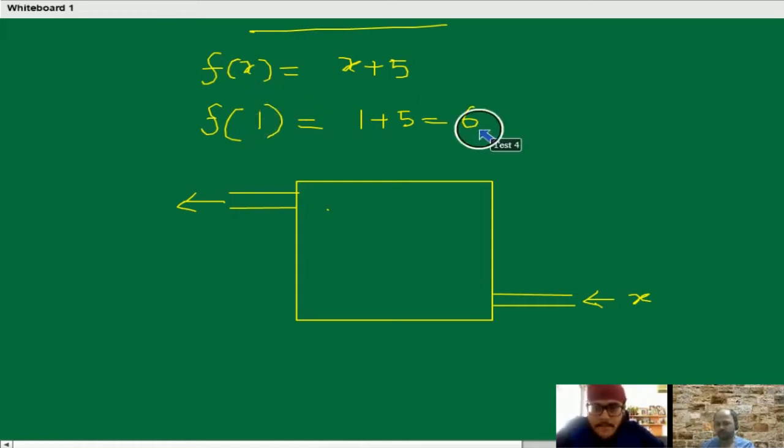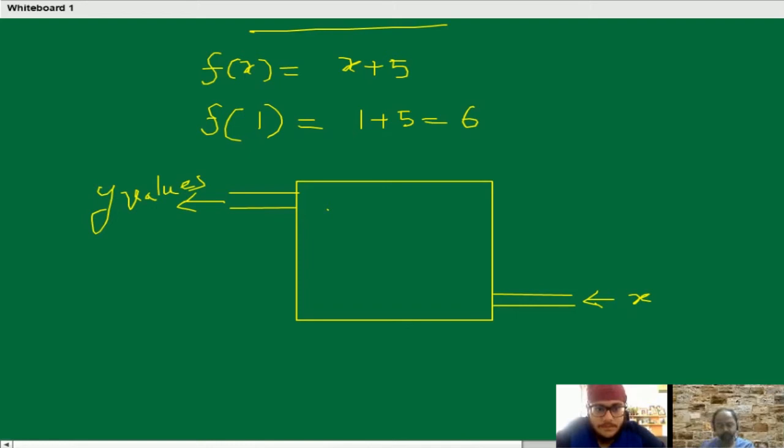But what about the output? For example, when we substitute x equals 1, is it possible to get f of 1 equals 8 for this function? The answer is no. Why? Because for output there is no control. This is nothing but the y values, that is f of x.